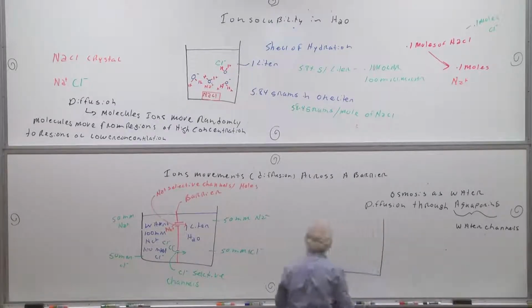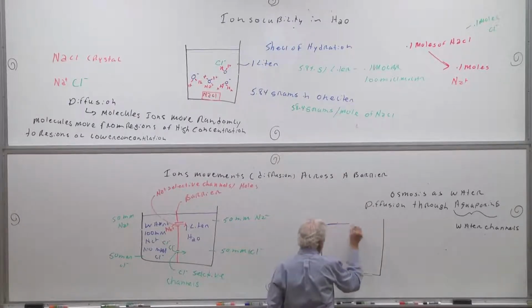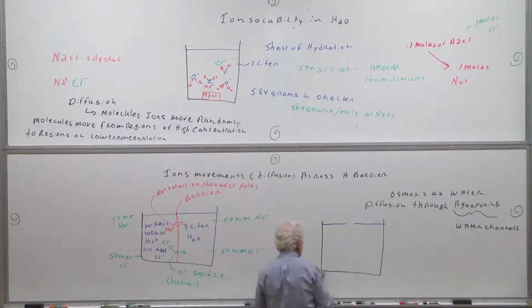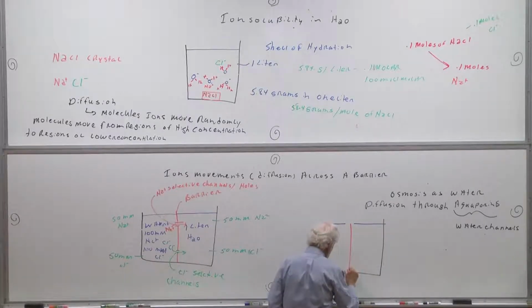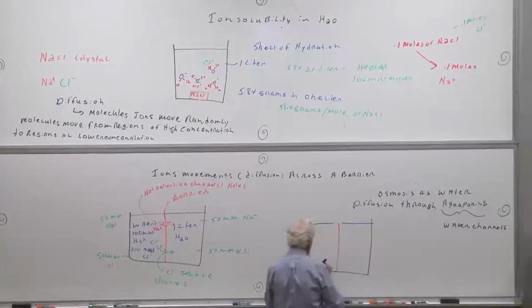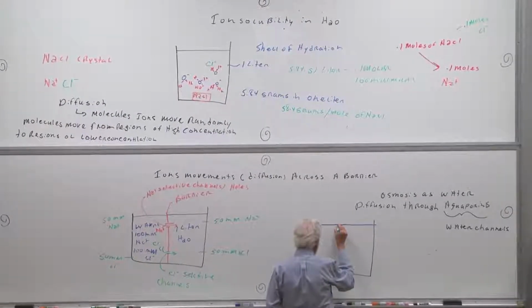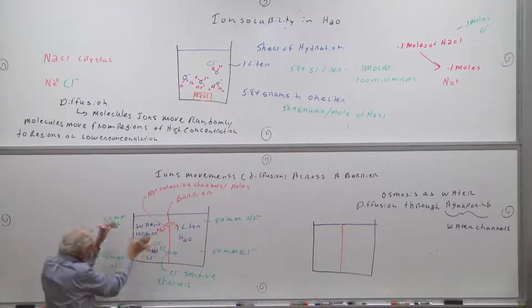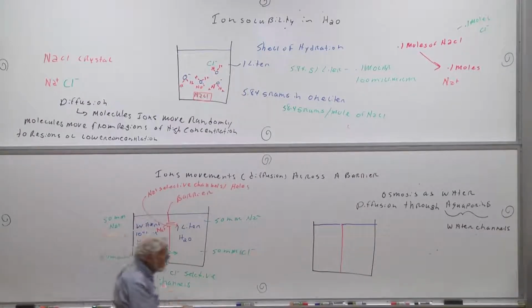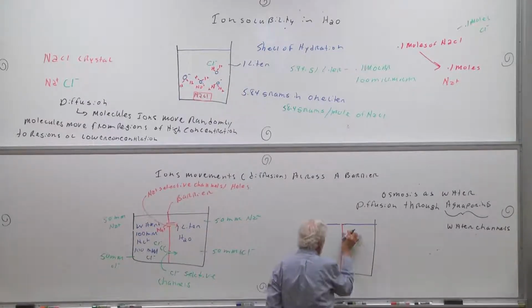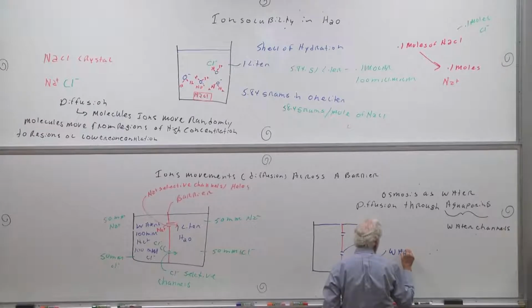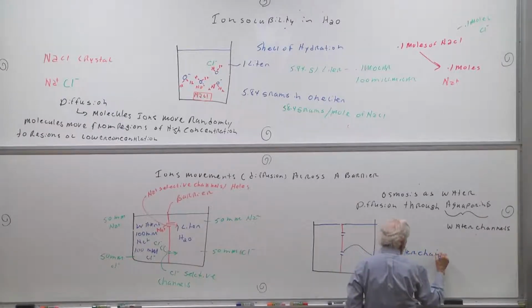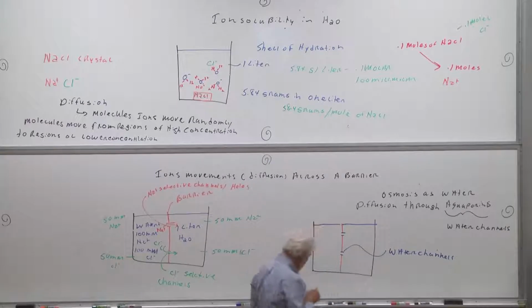We have two identical volumes separated by a barrier. Now, in this story, we had sodium and chloride channels, but now what we're going to do is across this barrier, we're going to put water channels, aquaporins.